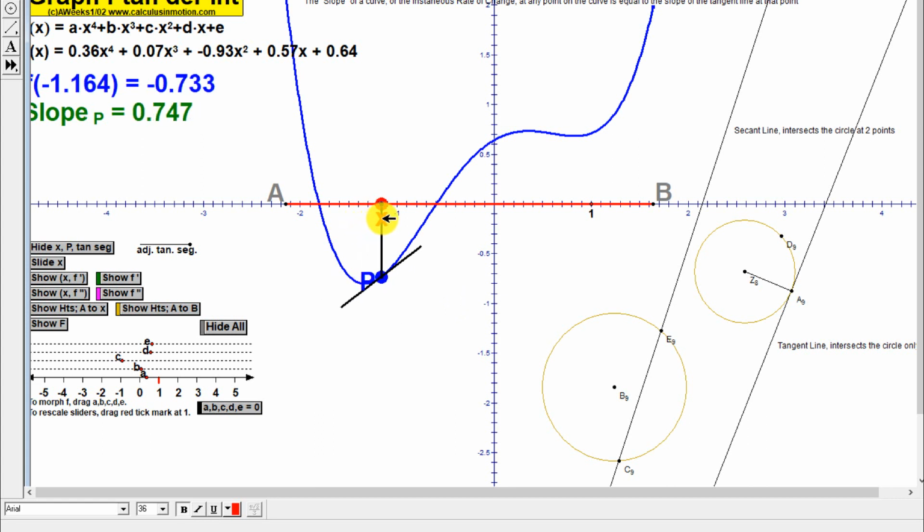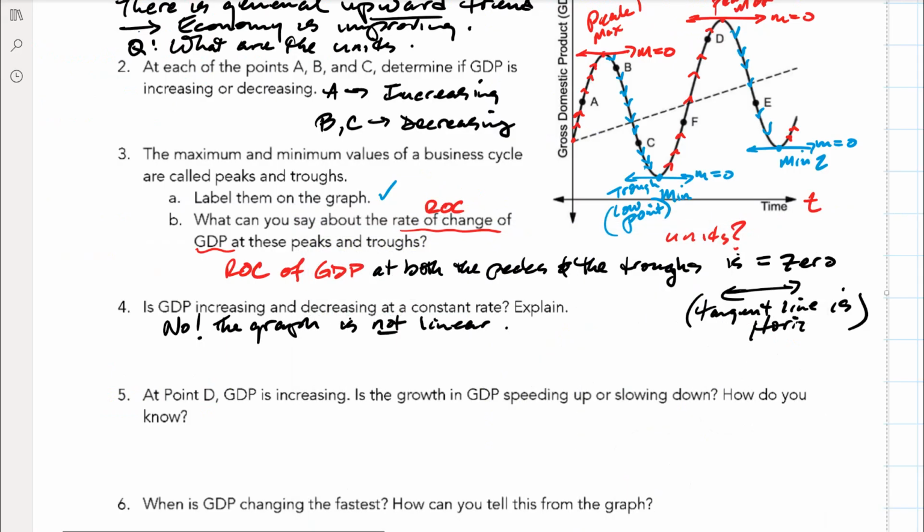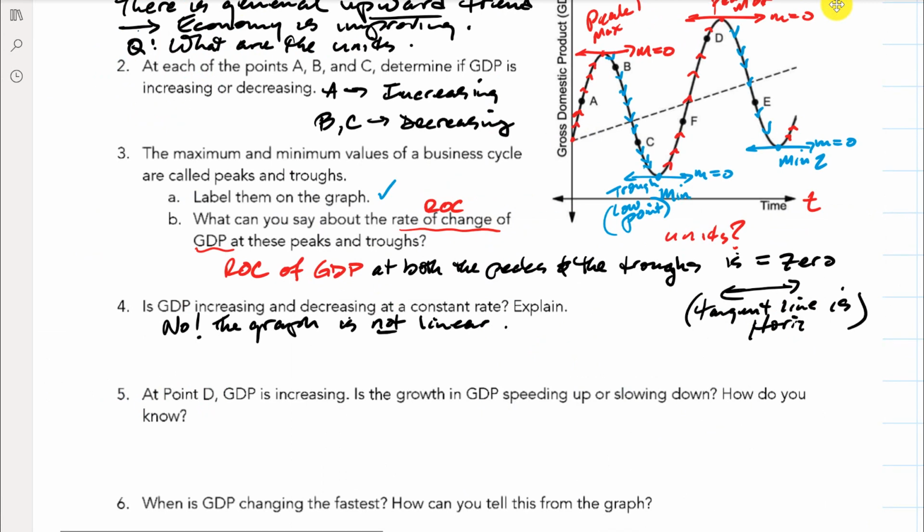So at the peaks, or in this case the trough because it's a minimum right here, the change in the rate of change in the function, whatever the function represents, changes gradually until it reaches that inflection point where it changes the fastest. Just keep that in mind when you answer questions here. So near the peaks and the troughs, the GDP changes gradually.